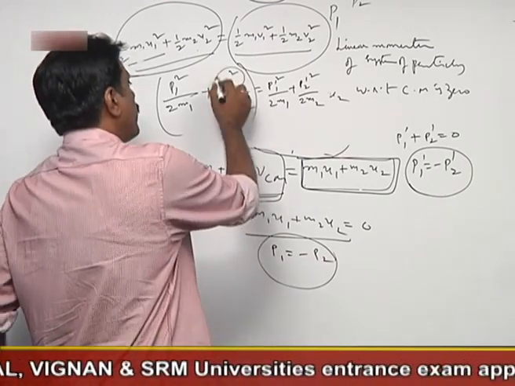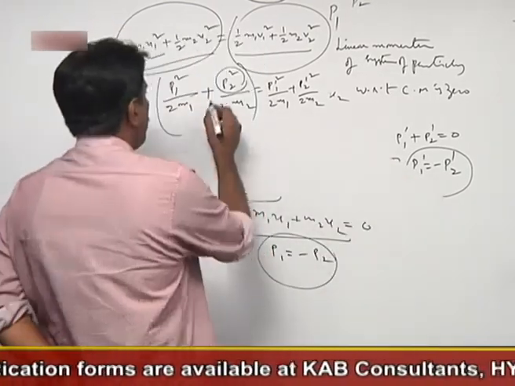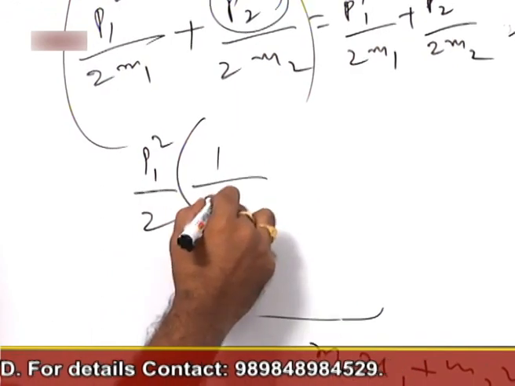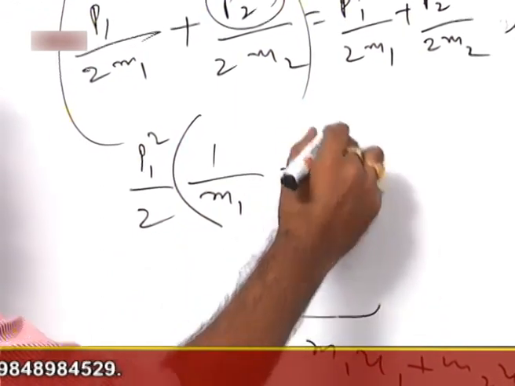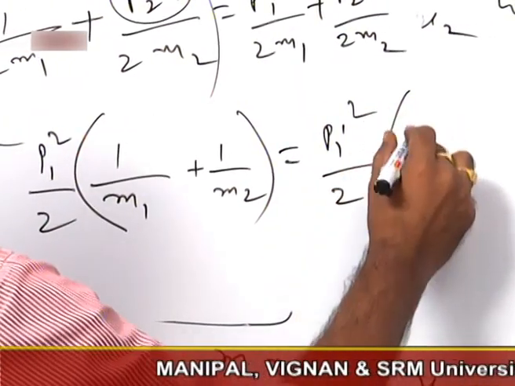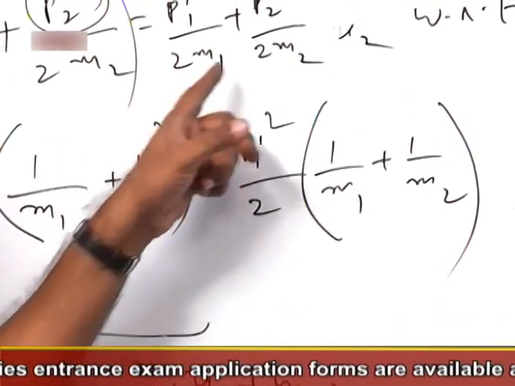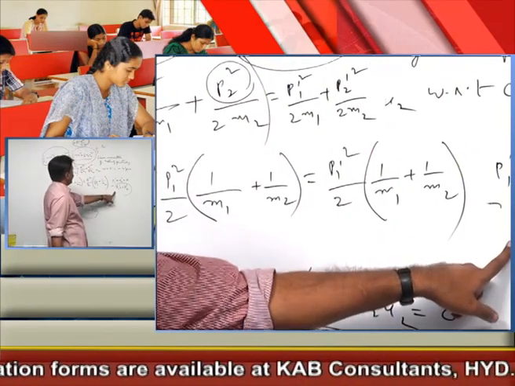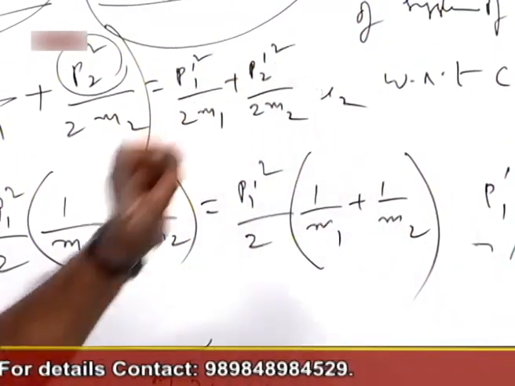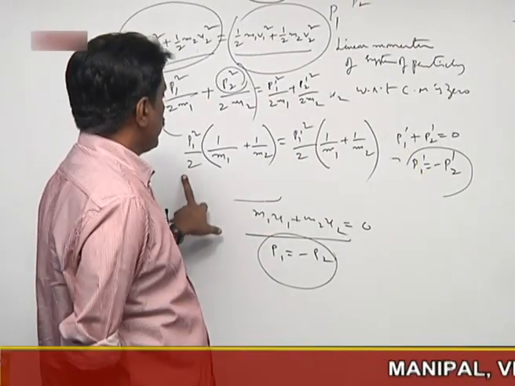So you can write P1 square in place of P2 square, and this equation becomes like this. You will get this because here also P2 dash square is equal to P1 dash square. You substitute, take out P1 dash square common, then what you will get is like this. Here also it is like this.